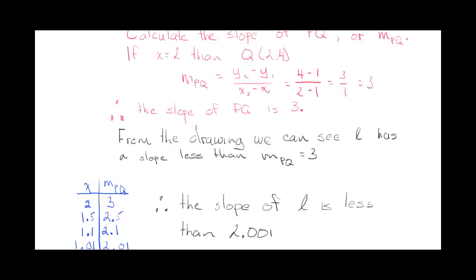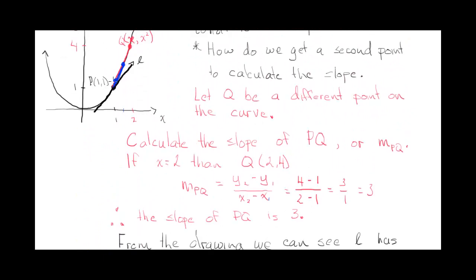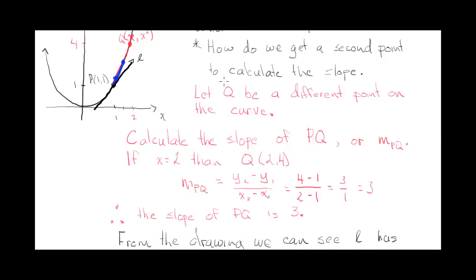Based on the picture, if your point is on the right side of P, the line is always going to be a little bit steeper than L. Okay, so we know the slope is less than 2.001.